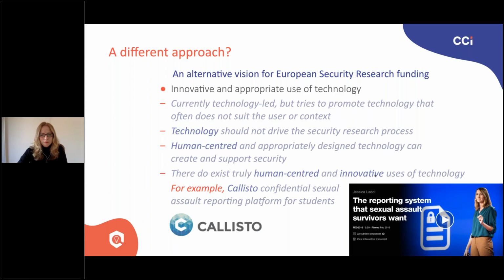And it fits in with the way that the end users operate at that period in an incident, and enables the recording of a potential incident to be held in escrow, if you like, until that point in time when the potential victim feels that they actually want to formally report it. But the whole system has been set up around the needs and the quite sensitive issues around sexual assault.